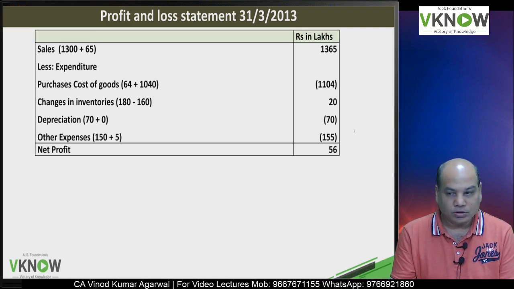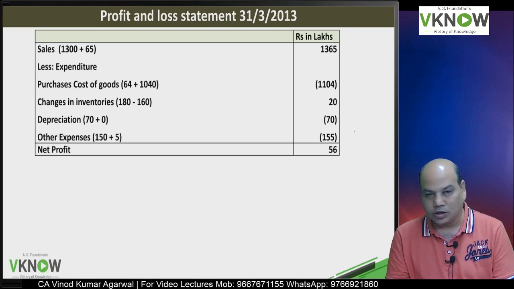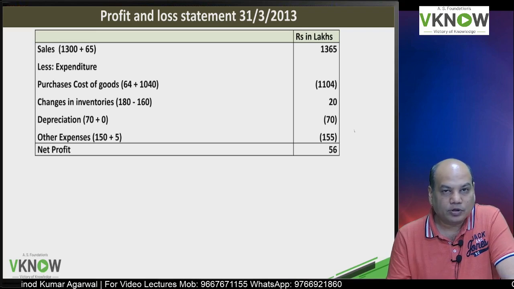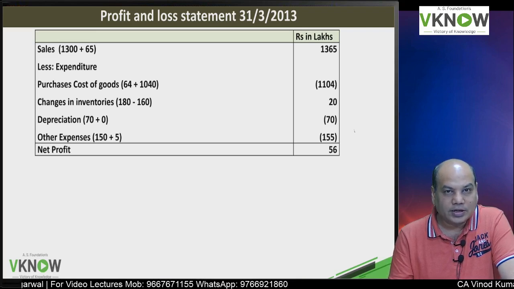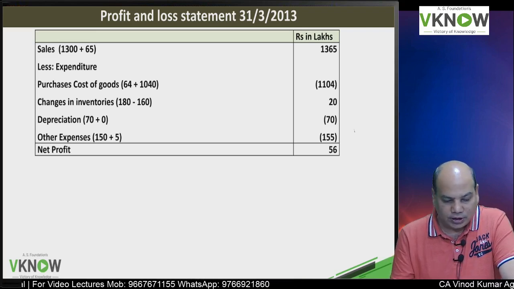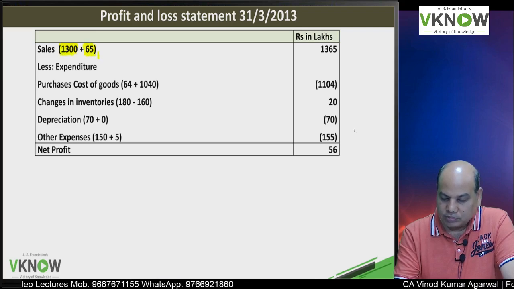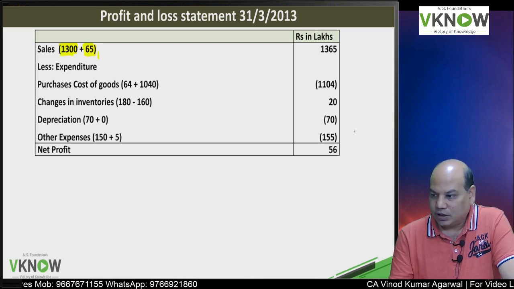Okay, so let us write down profit and loss statement for the year ended 31st March 2013. Keep the trial balance in front of you. On the credit side we have sales 1300 and plus share in sales of joint venture 65.